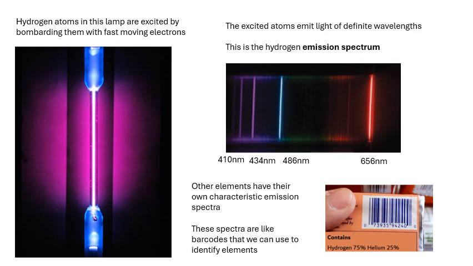In other words, different elements give you different colored lines. And if you measure the wavelength of these lines, you can find out what that element is. It's like a barcode. Like if you read the barcode, well, that's baked beans or whatever. So these spectra are like barcodes that we can use to identify elements.